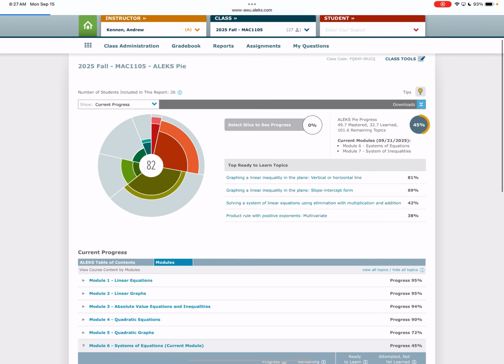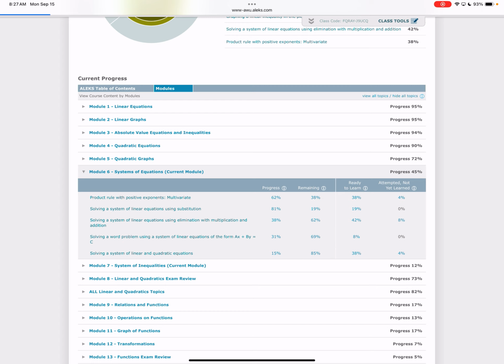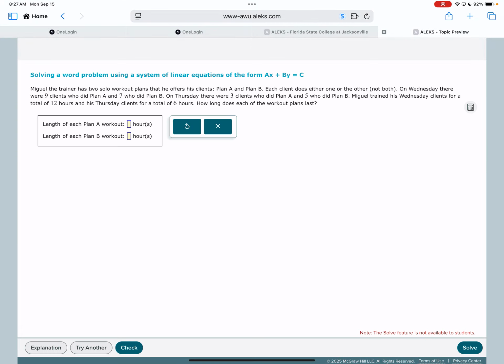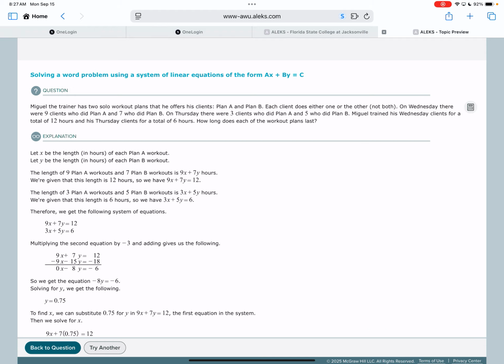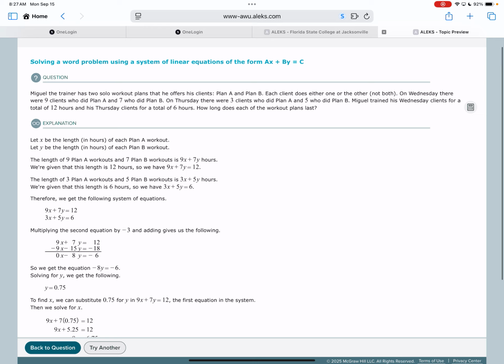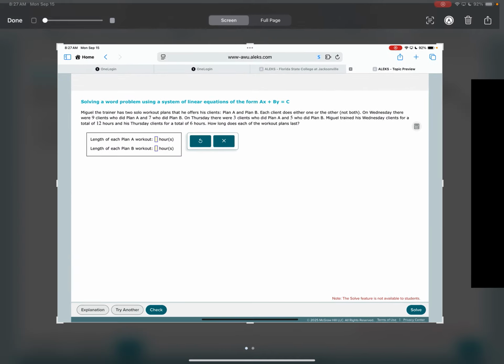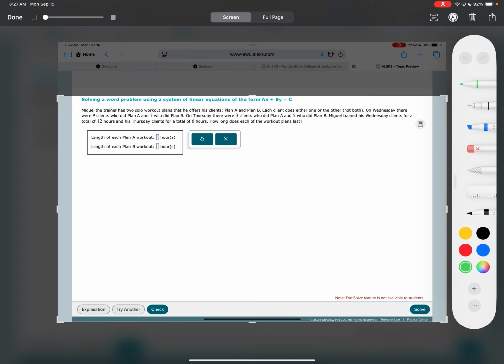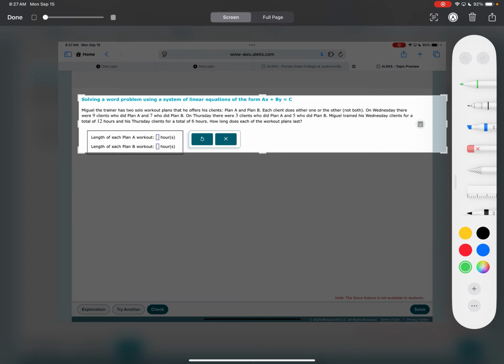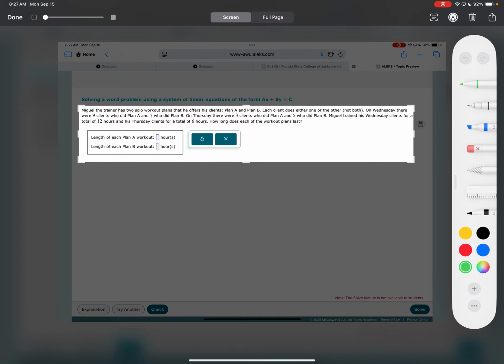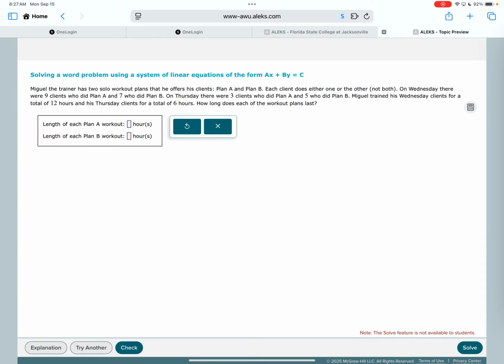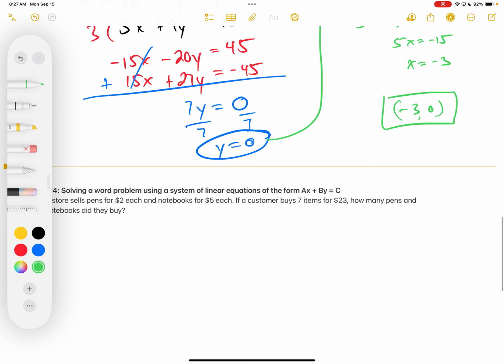Okay, system of equations. We want solving. You only have 5 topics in this one? Okay, they are a little bit longer problems. Let's do this word problem instead of the one Grok came up with.